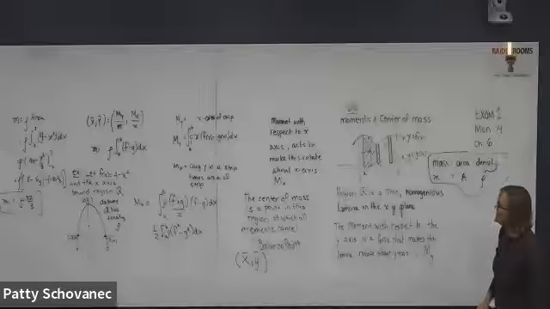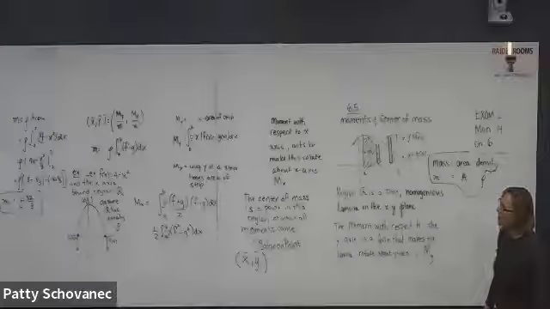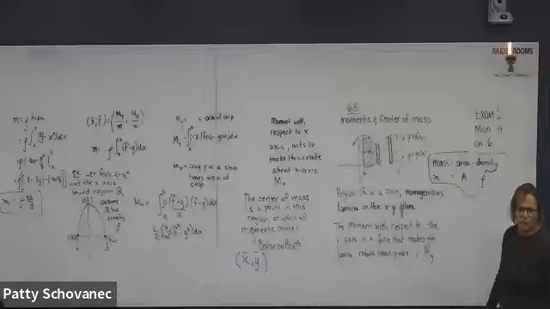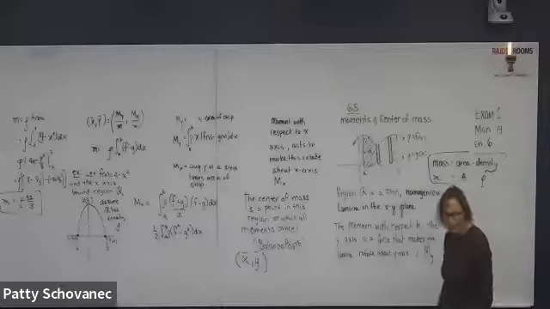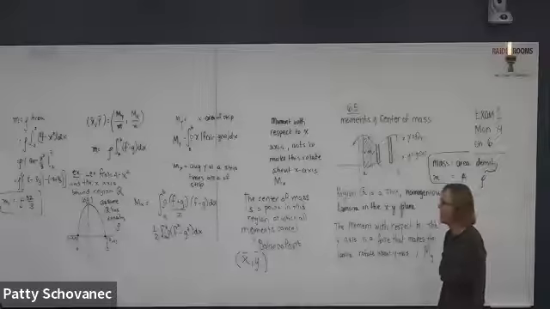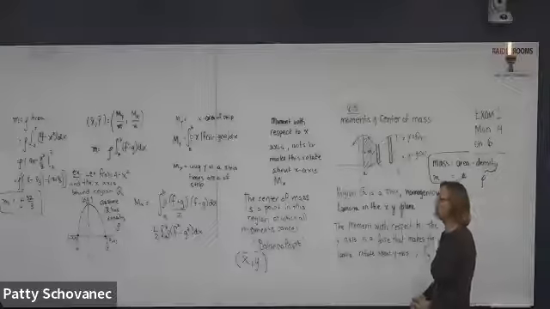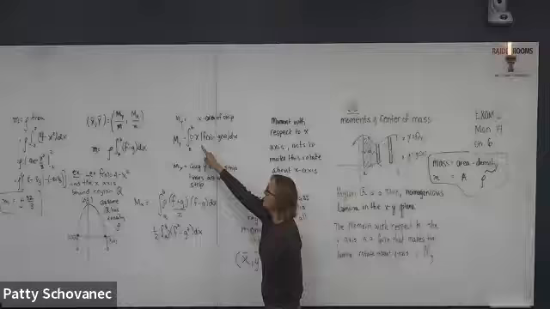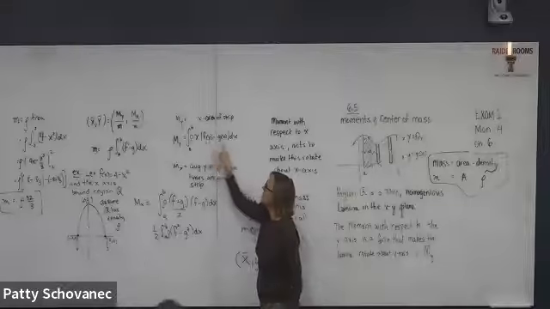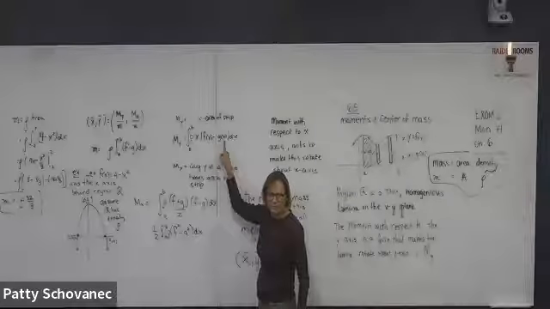Now, because it's symmetric to the y-axis, we said that the x bar was going to be 0, which means that the moment with respect to the y-axis should be 0. So let's compute the moment with respect to the y-axis. Distance from the y-axis times top graph minus bottom graph.